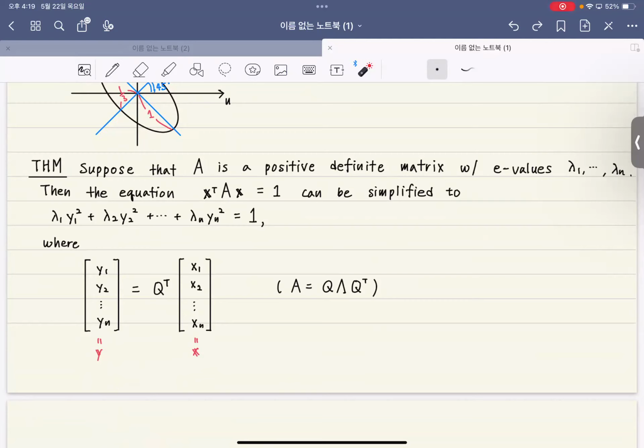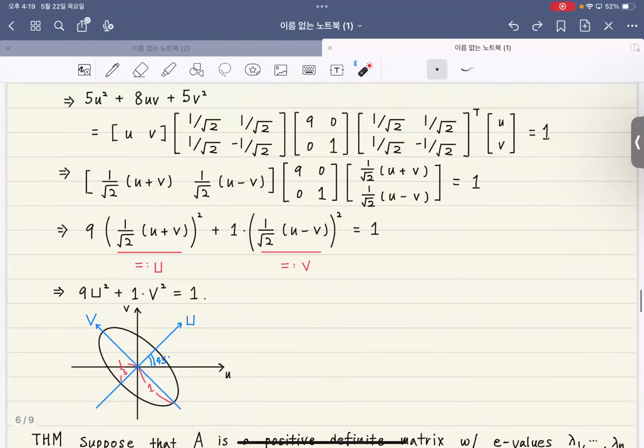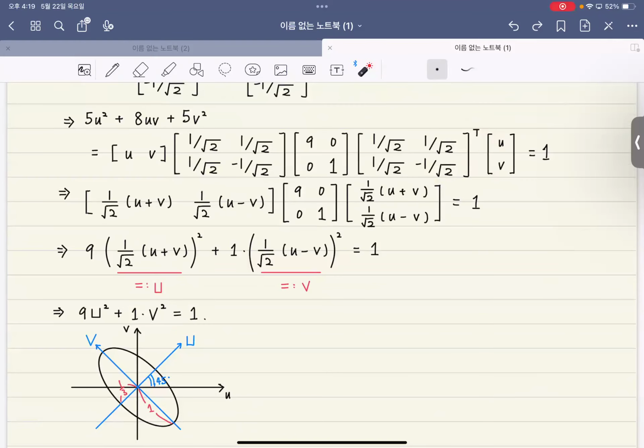Because A is positive definite, they must all be positive. Then the quadratic equation x transpose A x equals 1 can be simplified to lambda 1 y1 squared plus lambda 2 y2 squared plus ... plus lambda n yn squared equals 1, where the y's are Q transpose times x1 to xn.